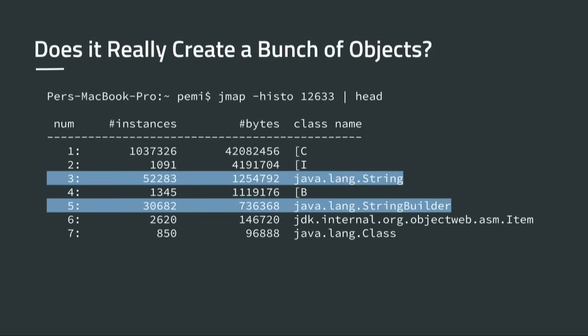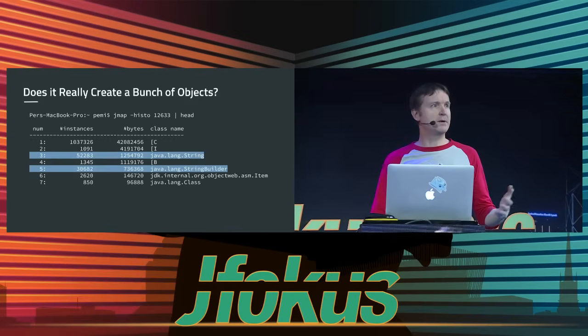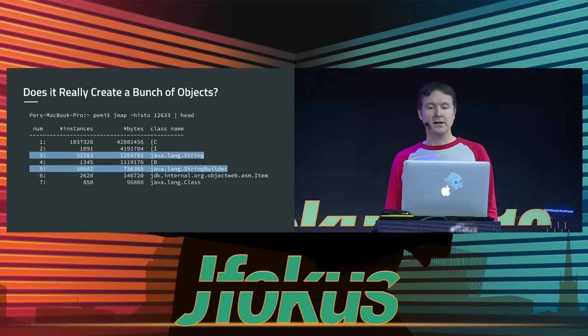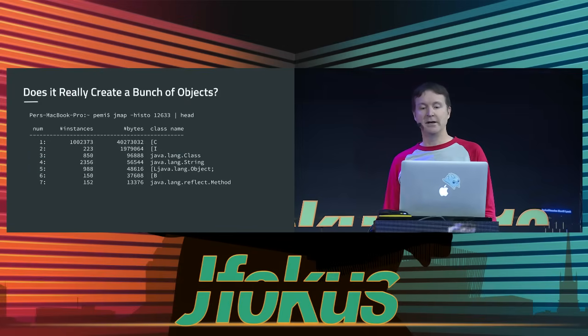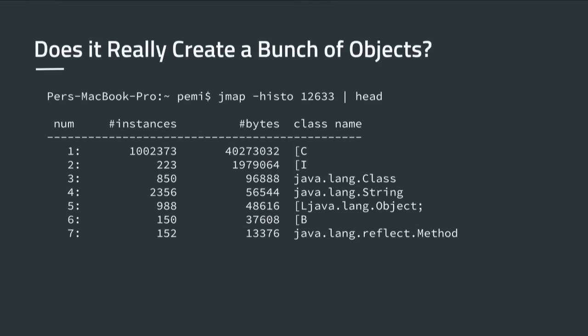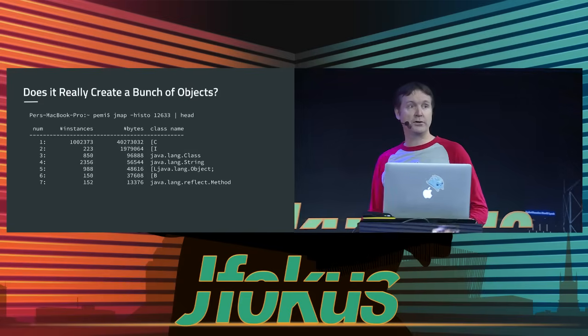So after the first invocation, we have something like 52,000 objects of type string and 30,000 of type string builder. So evidently, we created a bunch of objects. After the second invocation, the string builder is nowhere to be seen. We don't create any string builders anymore. And there are just a few strings lying around, presumably those strings that were there from the beginning when we started the JVM.